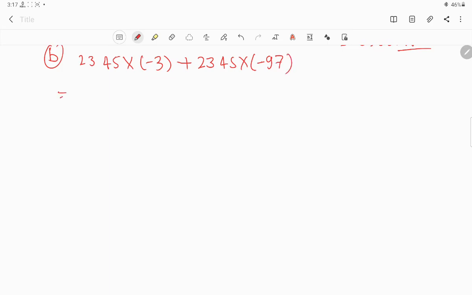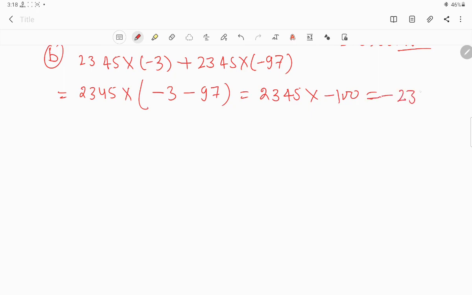Here also you take 2345 common. Left in the bracket is -3 and -97, that is 2345 into -100, that is -234500. This is the product.